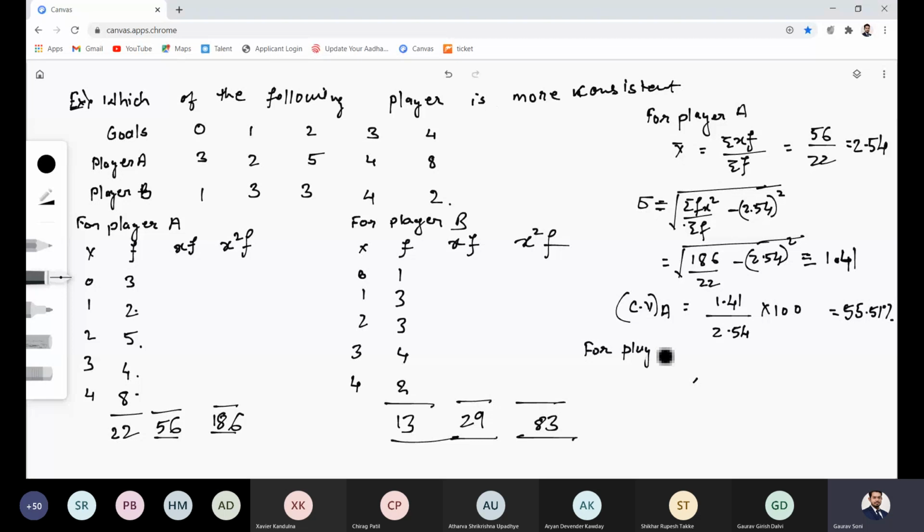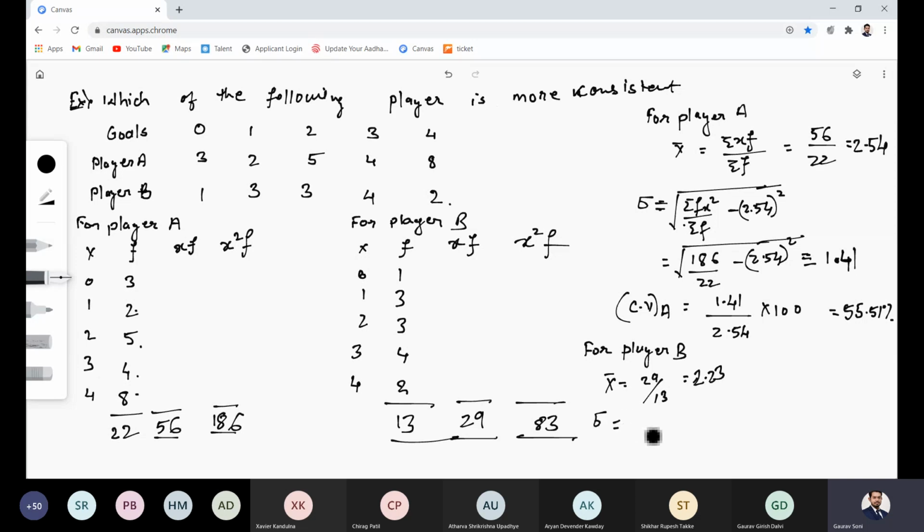Now the same thing for player B. For player B, x bar will be equal to 29 by 13, that is 2.23.